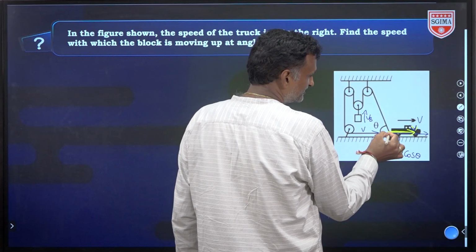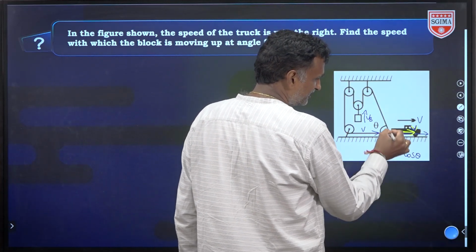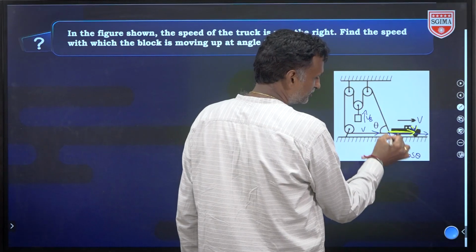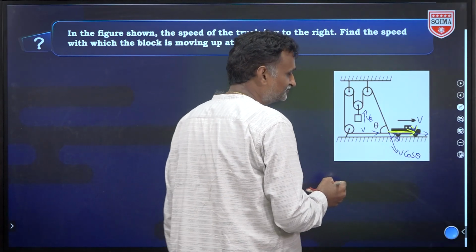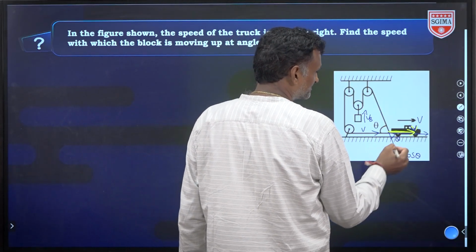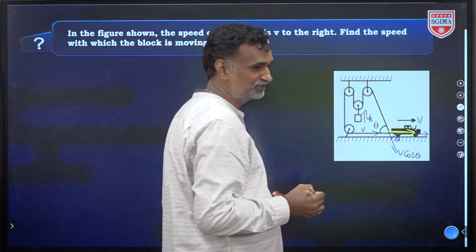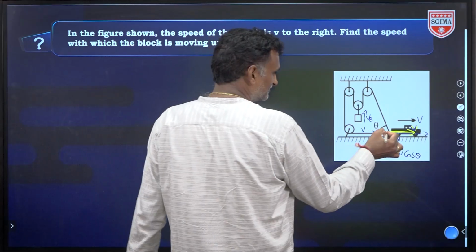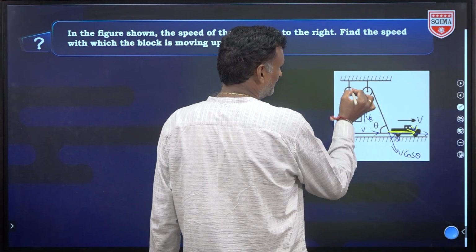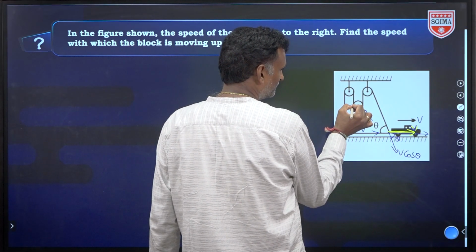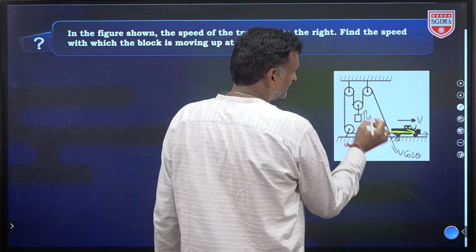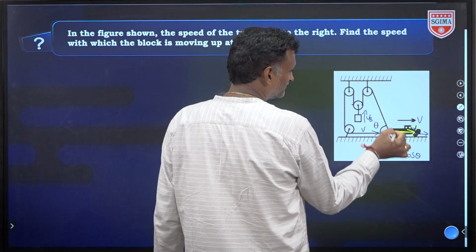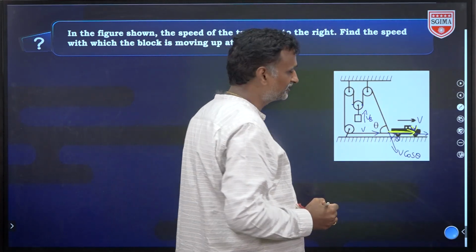This point has a right side speed V and this point has a downside speed V cos theta. These two velocities will be added to give VB. This point will move upward with the V portion and this point will move upward with the V cos theta portion.